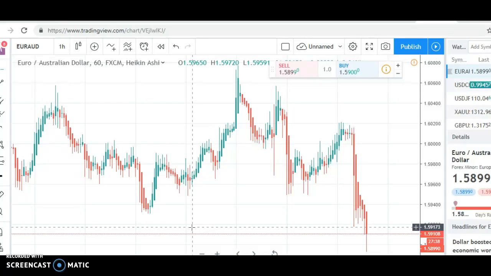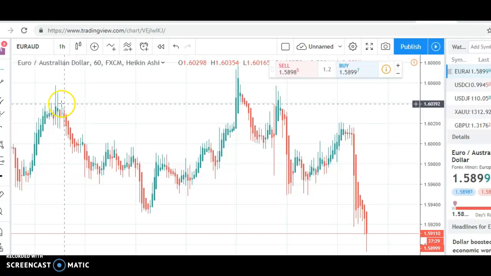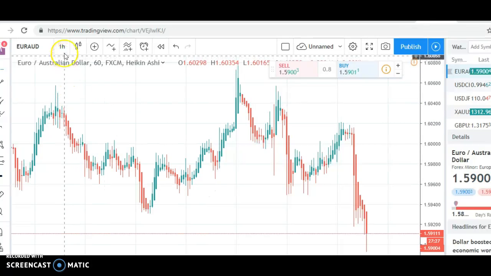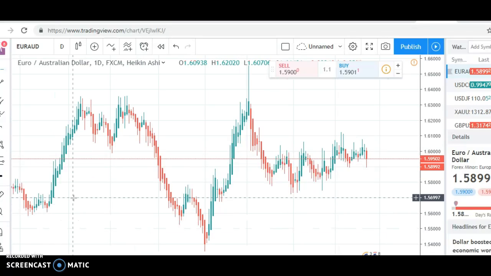Now we're having EUR/AUD. Okay, that's the first, on an hour time frame. You can see what's happening right here. Let me check what's going to happen on a daily time frame. Can you see what's going to happen on the daily time frame?